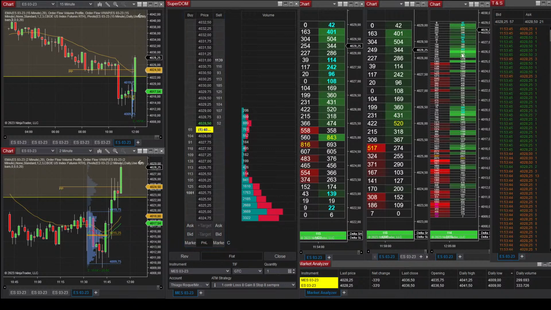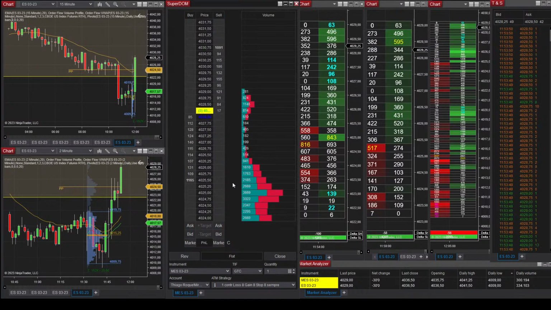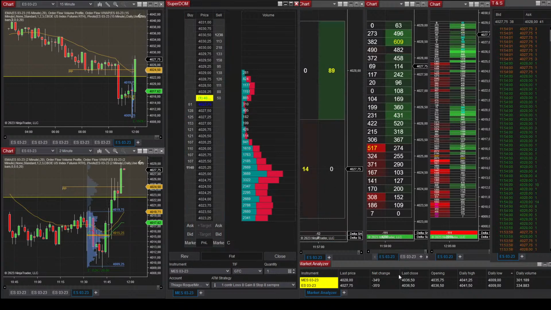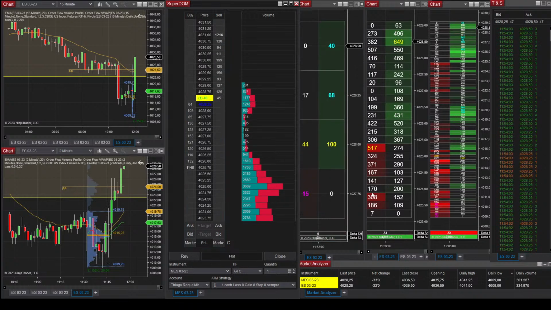Now, after all these aggressions, it seems that that region of 26 was overcome. Let's see if there will be a pullback or if it will keep going from this point.